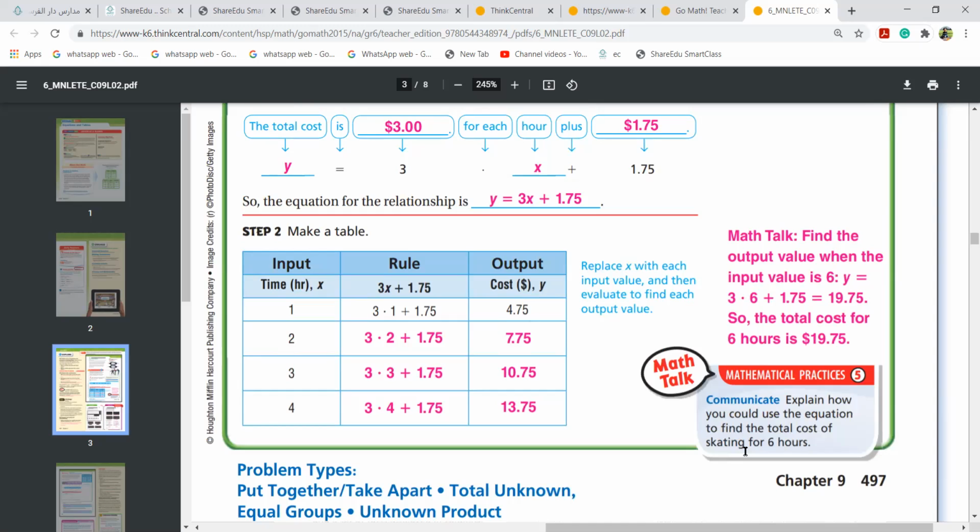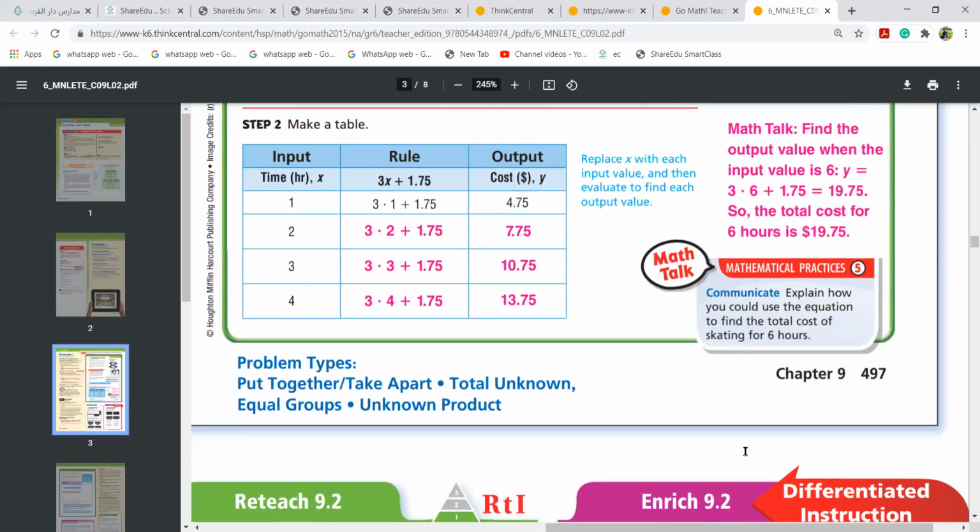Miss, can you go up just a little bit? Multiply 2, you get this. Multiply 3, you get this. Multiply 4, you get this.